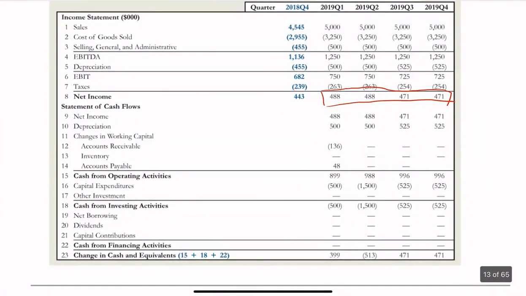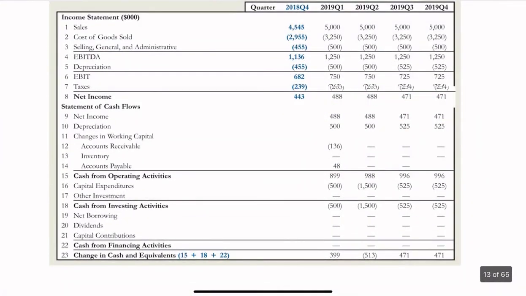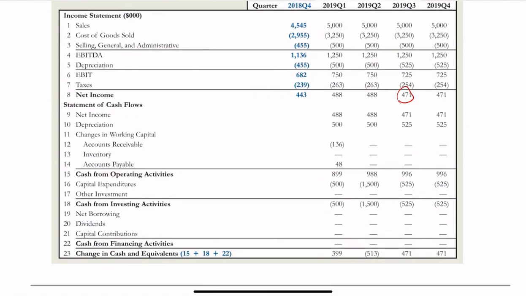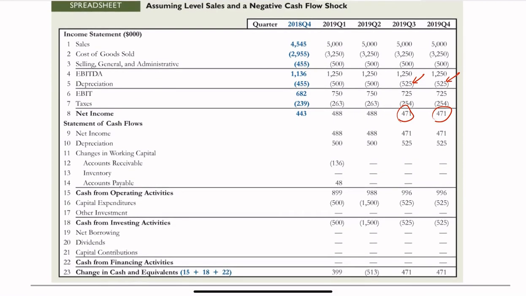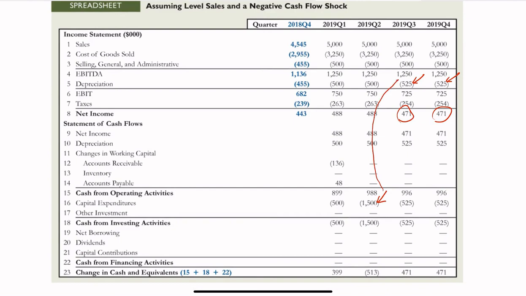The net income in Q3 and Q4 will be slightly different. The difference is because of the depreciation here. Why do we have different depreciation numbers? Well, that's because we have made capital expenditures in Q2. So this will definitely affect the firm's depreciation in Q3 and Q4.